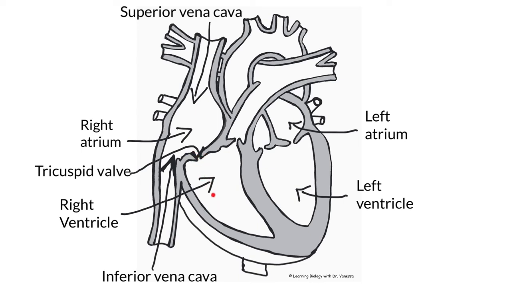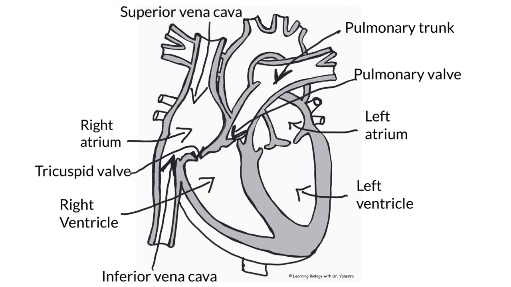Then the next place the blood is going to go to is into the pulmonary trunk, which is up here. But in order to go into the pulmonary trunk, it has to pass another valve. And this valve right here is called the pulmonary semilunar valve, which is quite a mouthful. So we're just going to call it the pulmonary valve right here.